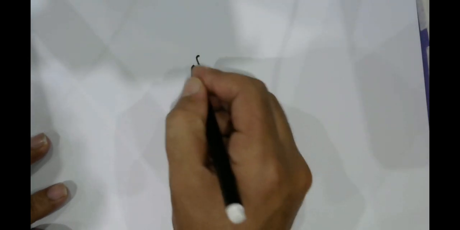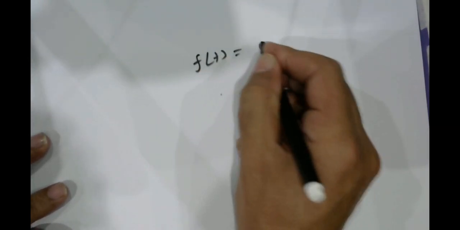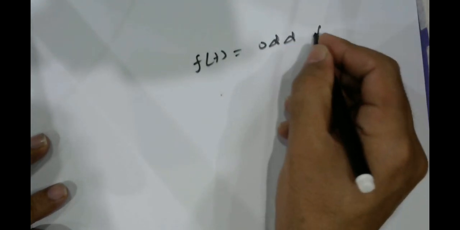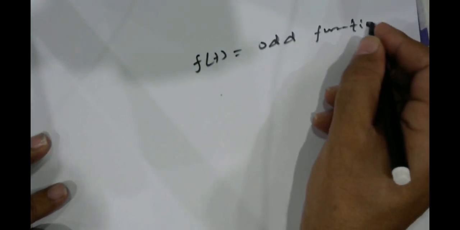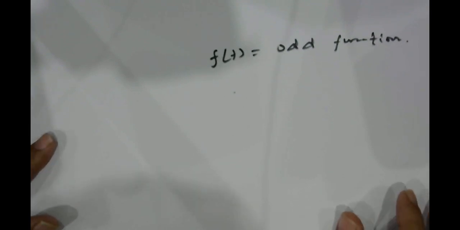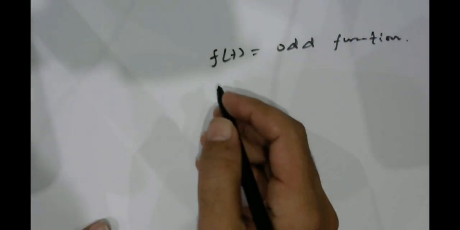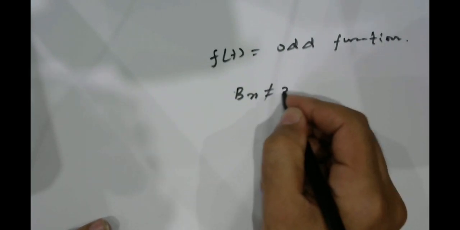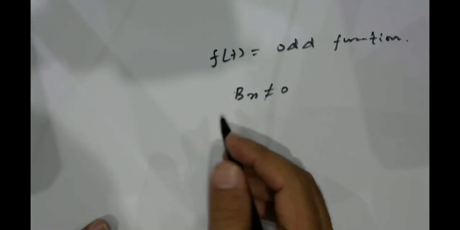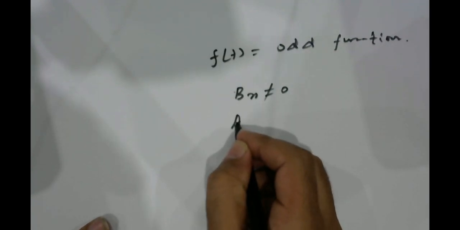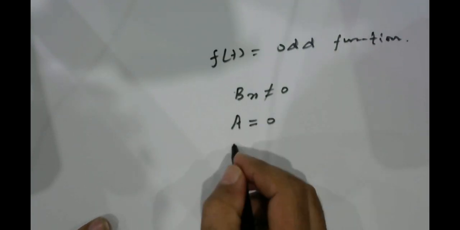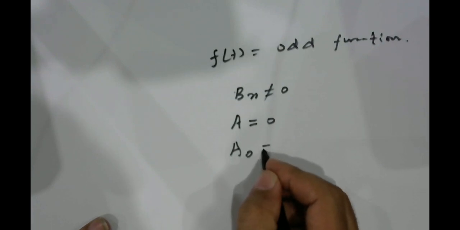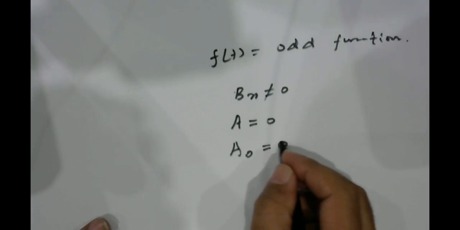And the same way we can write the same for odd function, that if you are given f of t is, say, an odd function, okay, then you will only have the b n values. B n will be non-zero, that is b n will exist, okay. And all a n will be equal to 0, okay, and a naught will be equal to 0.